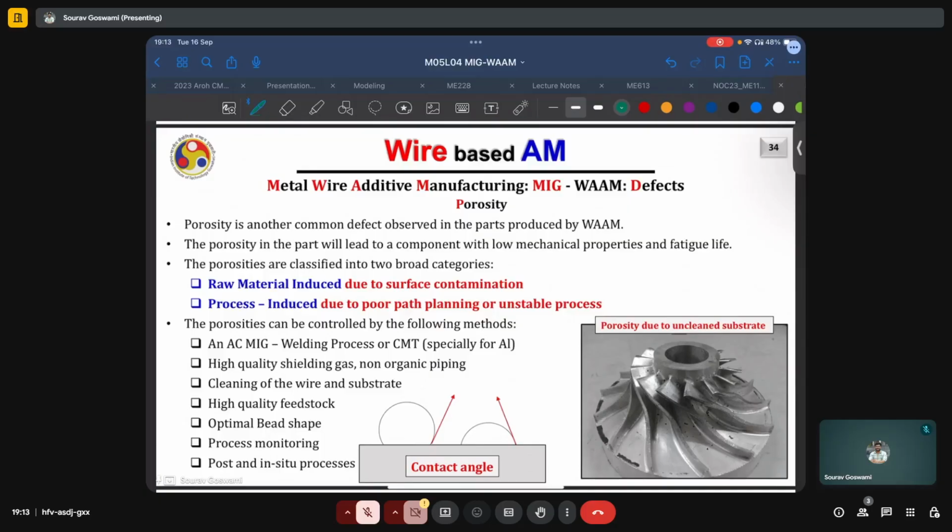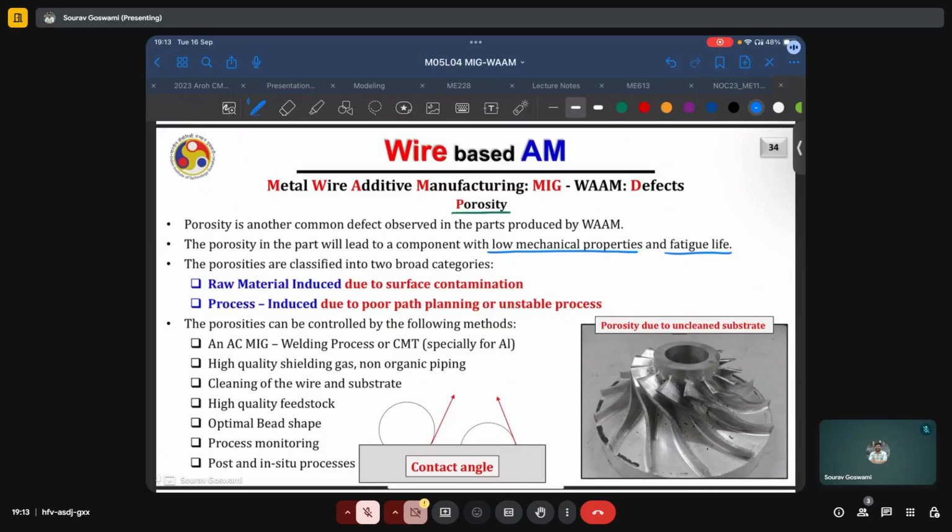Another common defect with the metal wire additive manufacturing process, such as MIG WAAM, is that of porosity. Porosity is another common defect observed in the parts produced by WAAM, and this porosity will lead to components with low mechanical properties and low fatigue life, because pores are the regions where fatigue cracks can nucleate.